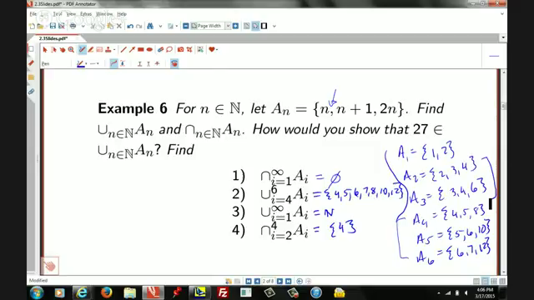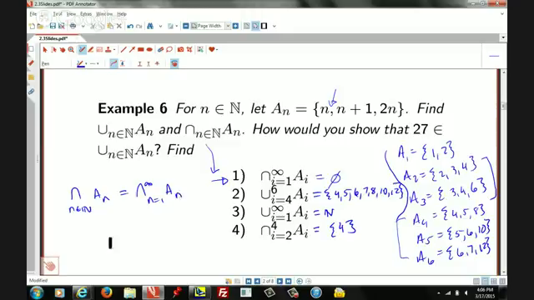Then you do your intersections and unions just like we've been doing. Notice that for number 1, this is the same thing as this intersection right there. The intersection over n in the naturals of A sub n is the same thing as the intersection from n equals 1 to infinity of A sub n. It's just a different way of writing the notation.